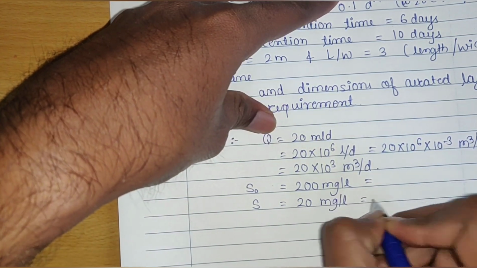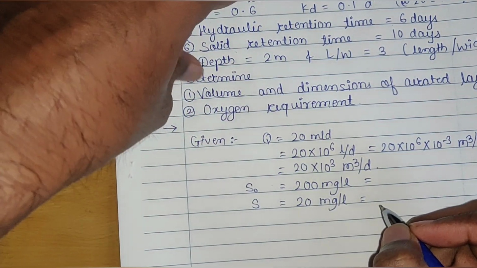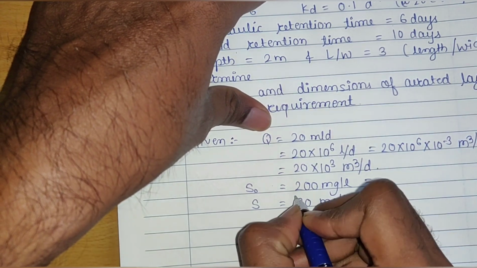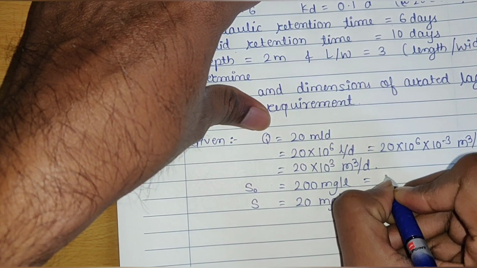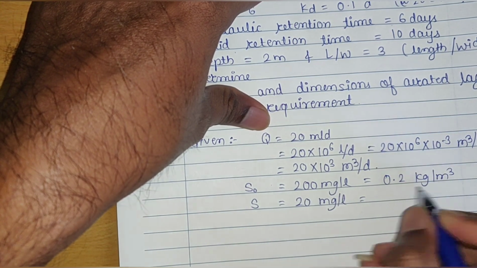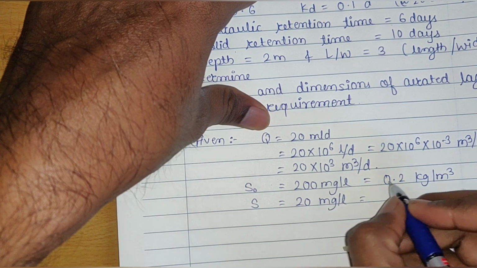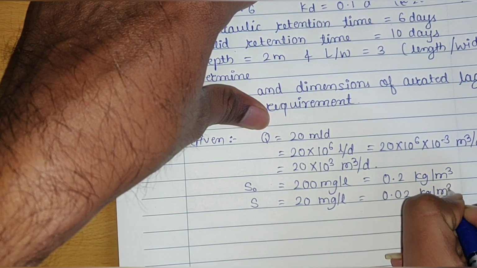And we know that the conversion of milligram per liter into kg per meter cube is simply to multiply it by 10 raised to minus 3. So S naught, 200 mg per liter, is equal to 0.2 kg per meter cube, and 20 mg per liter is 0.02 kg per meter cube.